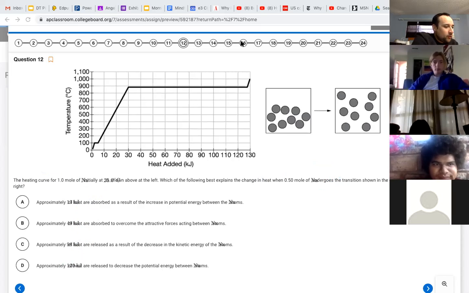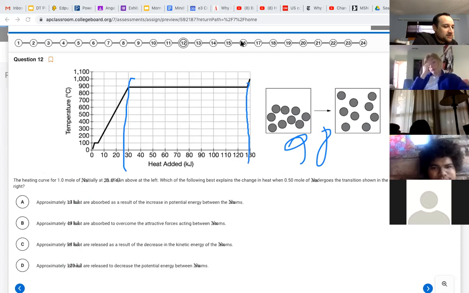Okay, so here's the deal. You're going for 1 mole, you go from here to here, right? And that does look like about 98. So 98 divided by 2, because you're going with half a mole, equals 49, right? And so that agrees with this number here, and that's true. This sodium is absorbing energy to overcome the attractive forces between adjacent sodium atoms.